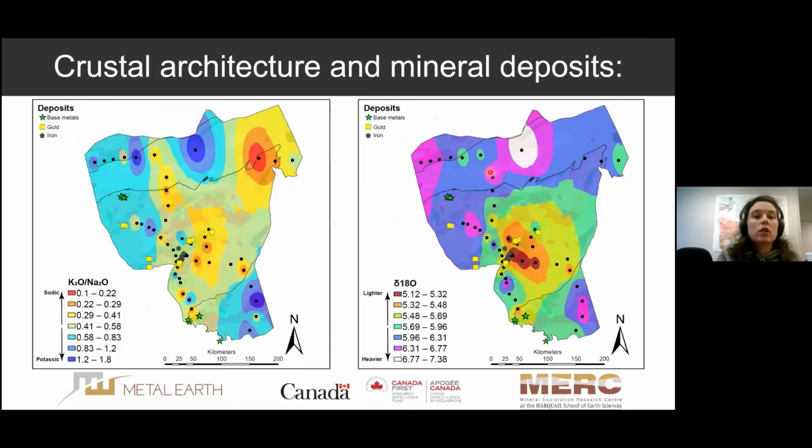We can also look at the crustal architecture and the mineral deposits. And if we look at both the sodium-potassium ratio and the delta 18 oxygen values, what we can see from the maps is that it seems that we have most of the gold occurrences in a more sodic central part where we have the lighter oxygen values.